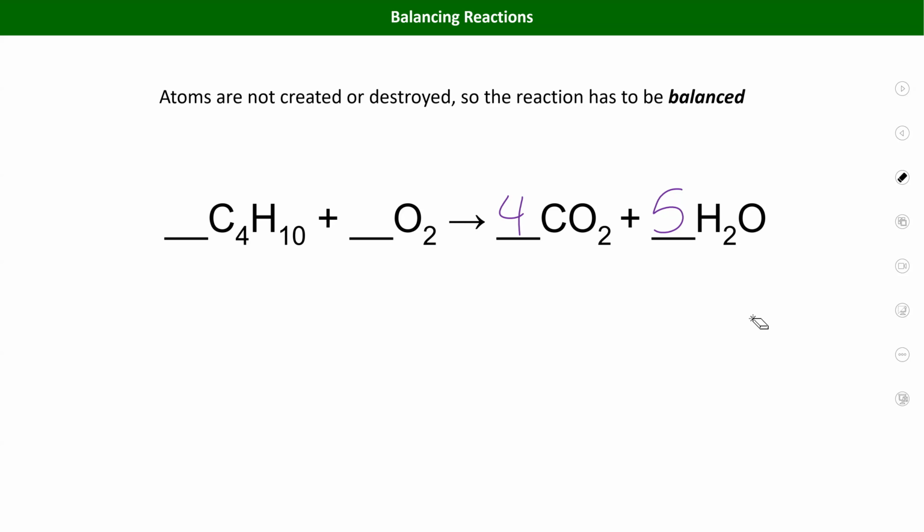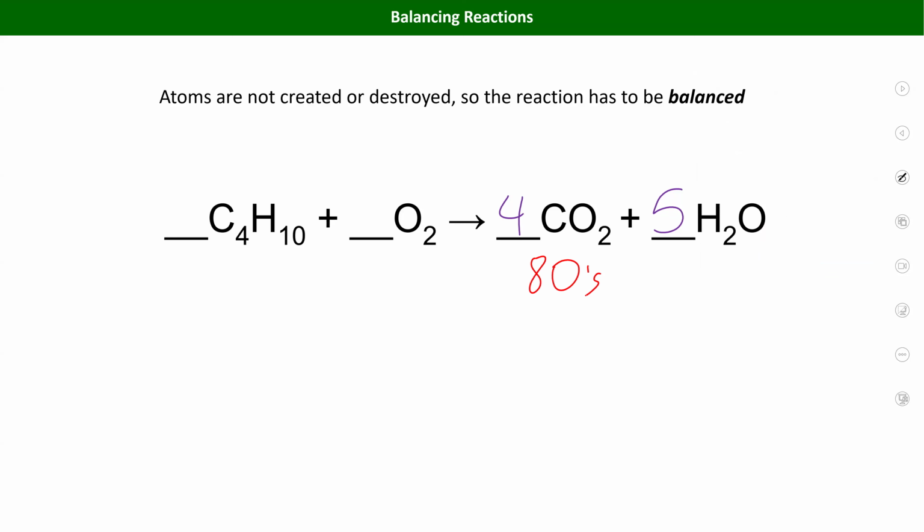What's left to balance? Oxygen. How many total oxygens do we have on the right-hand side? Yeah, we've got 4 CO2s, each CO2 has 2 oxygens, so that's a total of 8 oxygens.